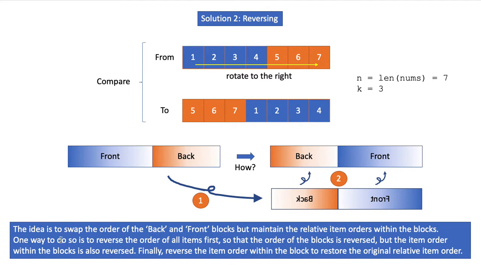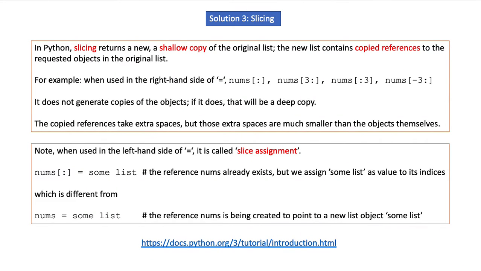One way to do so is to reverse the order of all items first, as in step 1 here, so that the order of the blocks is reversed, but the item order within the blocks is also reversed. Finally, we reverse the item order within the blocks to restore the original relative item order. Next, let's consider solution 3, slicing.